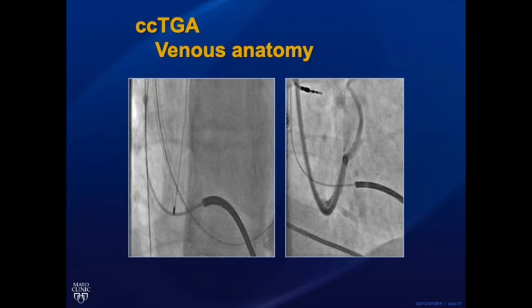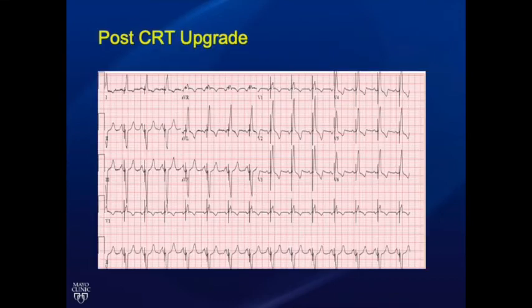The key is to remember that the septal veins tend to be more like the normal heart. So the anterior interventricular vein and the middle cardiac vein are very similar to the normal heart, and it is possible to engage these to get a lead via the coronary sinus. Conduction system pacing is also possible in this patient population.